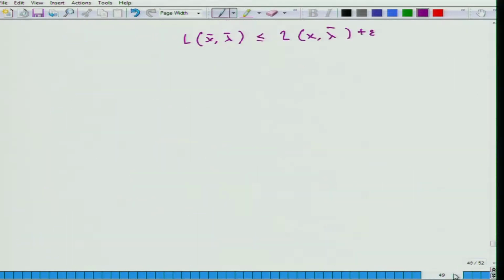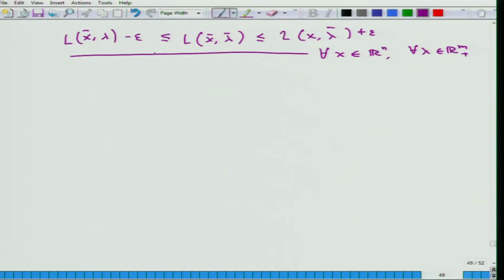So, now what I got is something like this. This is true for all x element of R^n and for all lambda element of R^m_+. This is what is called the epsilon saddle point conditions.